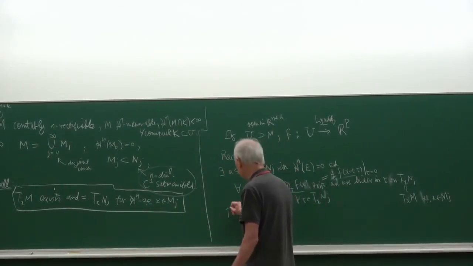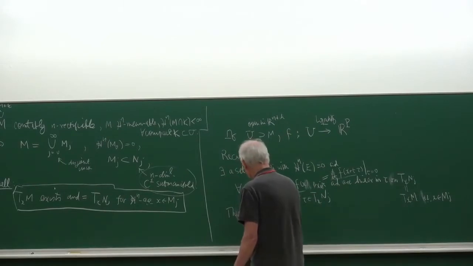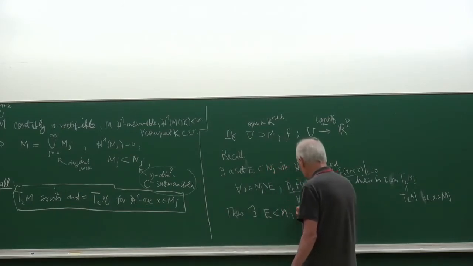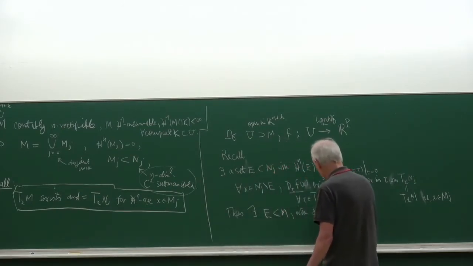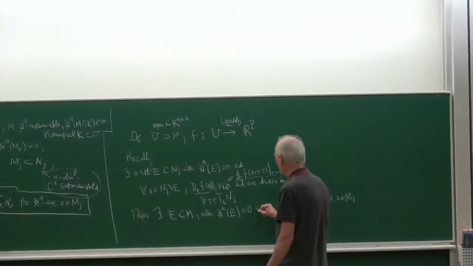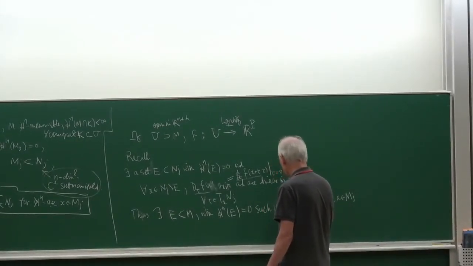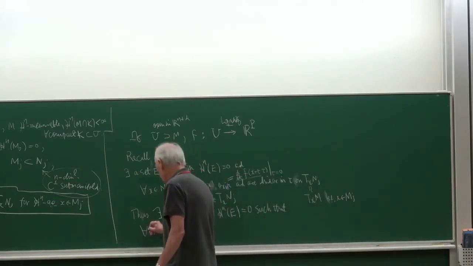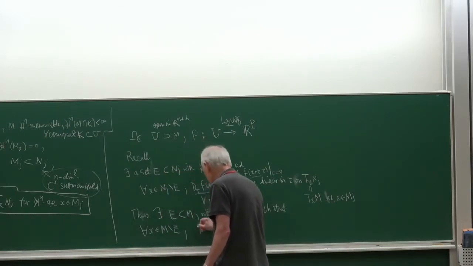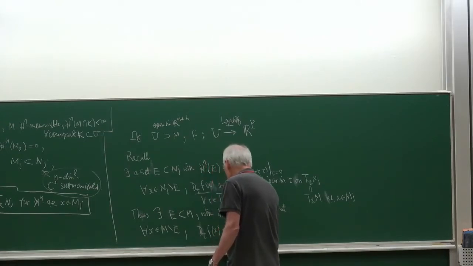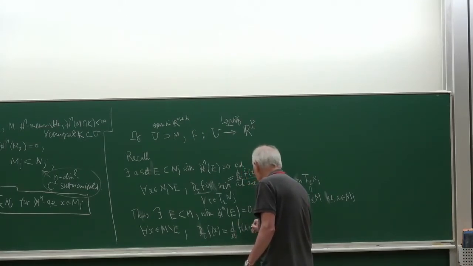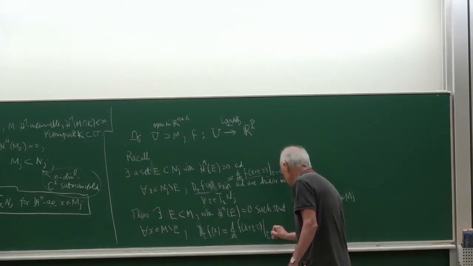Thus, there exists a set E contained in M with H^n(E) equal to 0, such that for every x in M minus E, all the directional derivatives, that is d_tau f at x, exist and are equal to d/dt of f(x plus t tau), evaluated at t equal to 0.